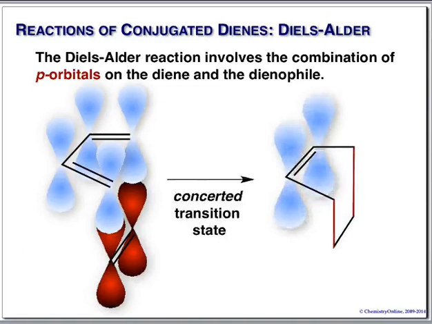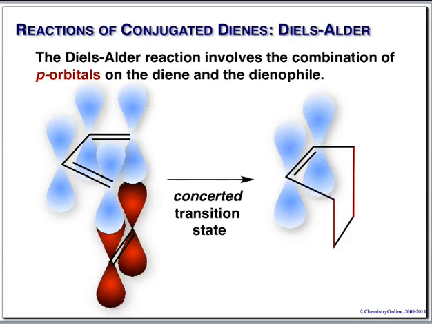These guys, again, simply convert to our single bonds. These are the dienophile, and these are left over as our pi system. Any questions? All right, well, let's keep this image in mind.